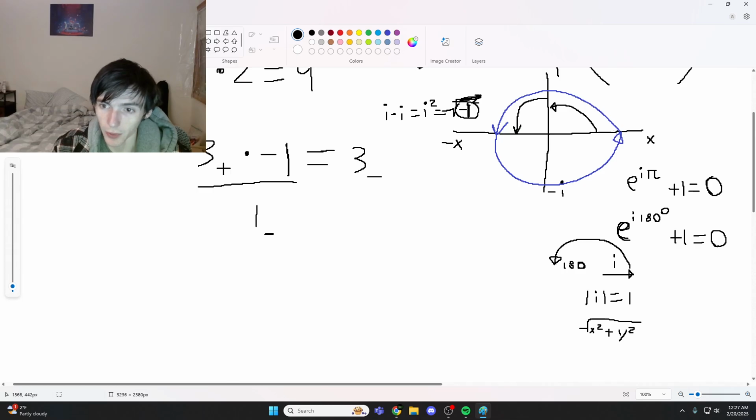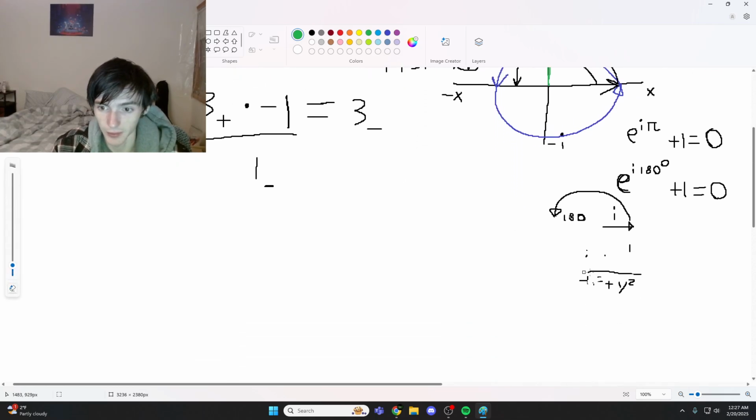You can imagine if we're starting off here, when we rotate, we're going to have a new arrow here, and that will have to be I tall. I think this might be a little bit too complicated of an explanation.